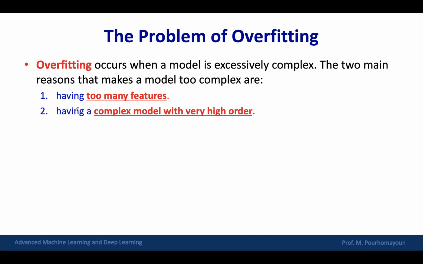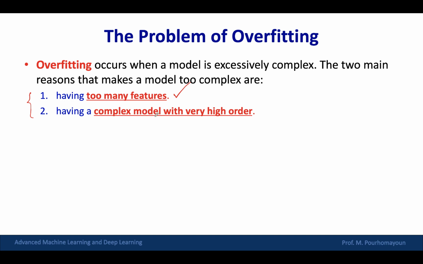There are several reasons. The main two reasons for overfitting are, first, when you have too many features, more than enough features. Some of them can be confusing, or some of them can be more than enough information that makes your model too confused, or forces it to learn too many details that are unnecessary.